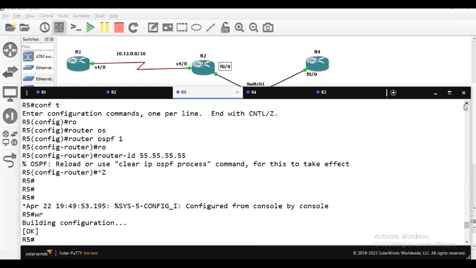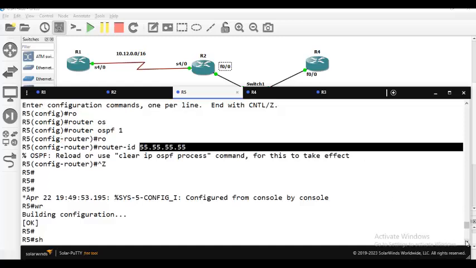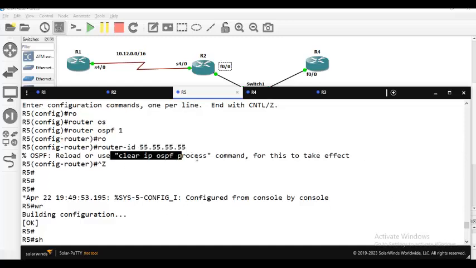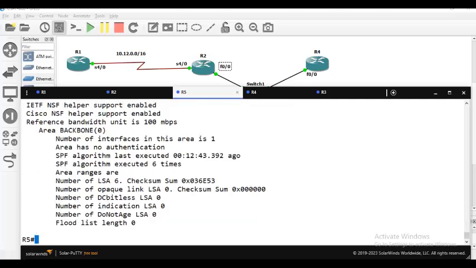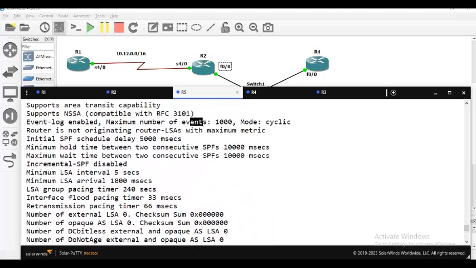Show run section router OSPF. See, you have clearly configured saying thou shall be called as 55.55.55.55 from now on. Okay, but what to do?